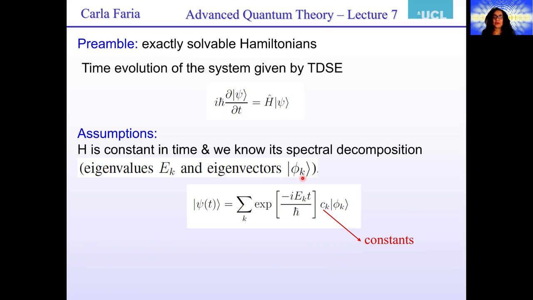So it's pretty much what we have seen previously, that you apply a closure relation with regard to this eigenvector basis. And then you can decompose your psi(t), which is the wave function you would like to evolve, or in this case the ket, because we haven't tied our representation, onto the eigenstate basis.